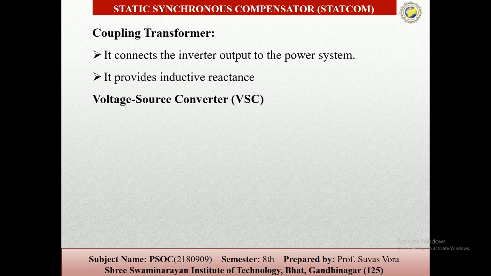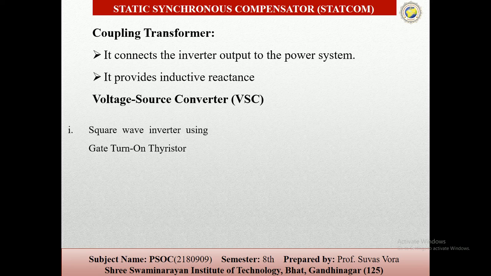Voltage source converters convert the DC input voltage to the AC output voltage, and this is divided into two different parts. The first one is the square wave inverters using gate turn off thyristors. Three level inverters are used, so a stepped voltage waveform will be output.